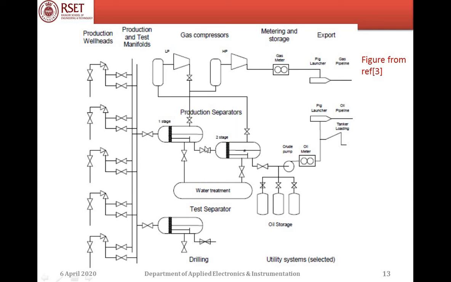Whatever oil gets separated will go into a second stage production separator, where further water will be removed. Water will settle into the bottom portion of the tank because it has the highest density. That will be removed, treated and sent back to the environment. Whatever oil is collected from the production separator is stored in oil storage, and that is also taken by a pig launcher to the oil pipeline, or an oil tanker will take away the oil.